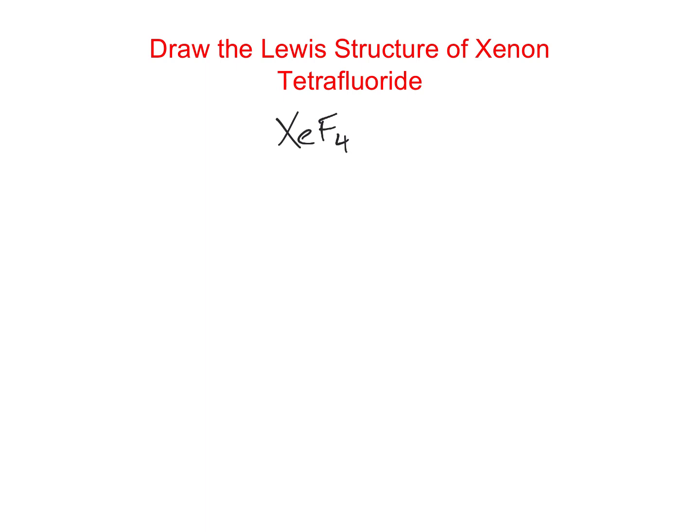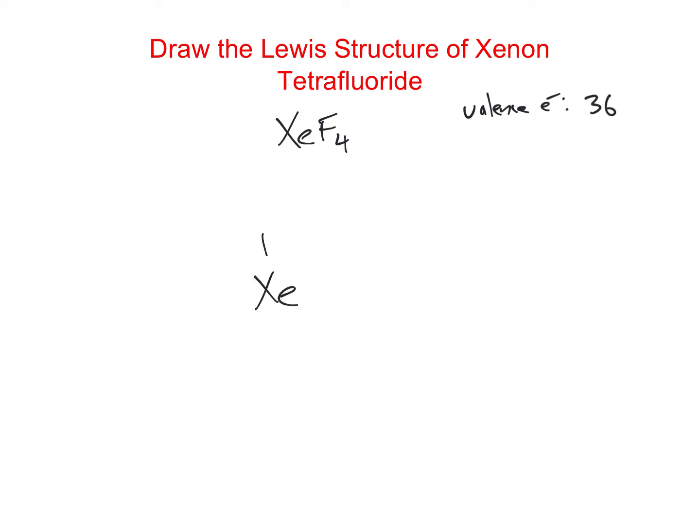So for our valence electrons, 4 times 7 for the fluorine is 28. Xenon has 8 valence electrons, so 28 plus 8, I have 36.